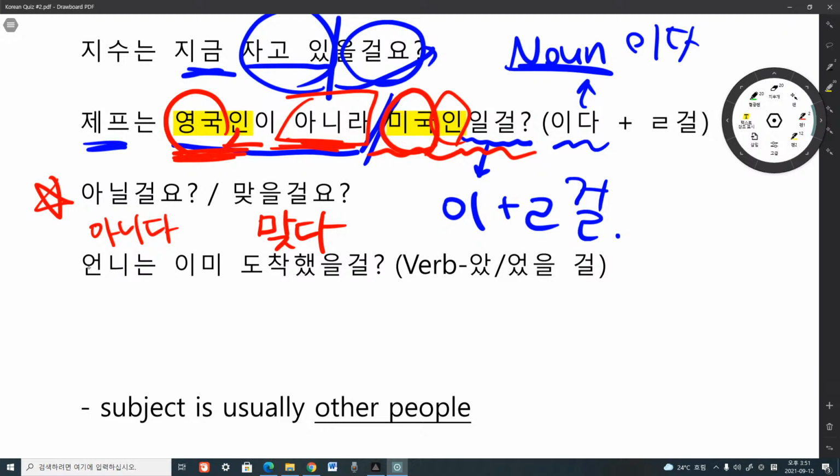So I think you guys can guess what 아닐걸요 or 맞을걸요 would mean, right? 아닐걸요? It means it's probably not true.